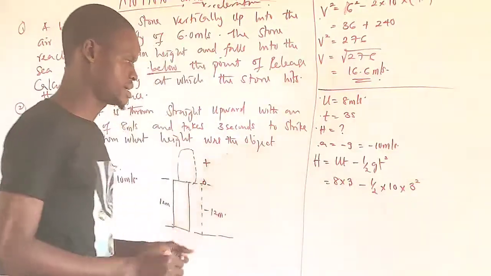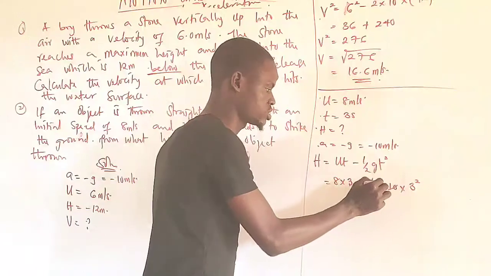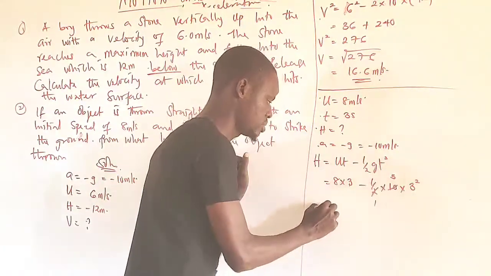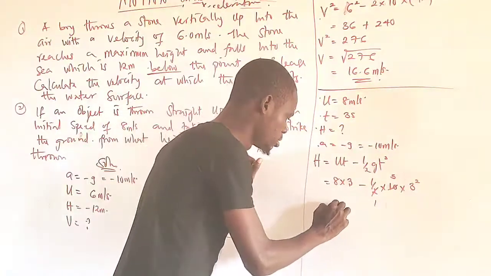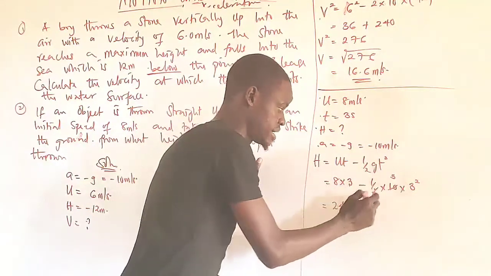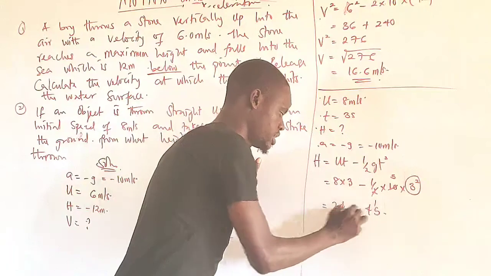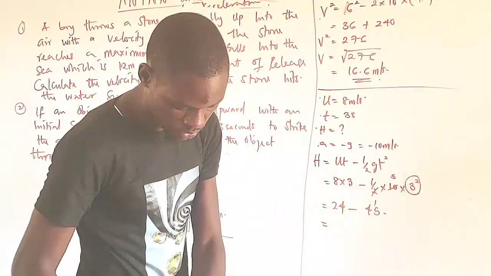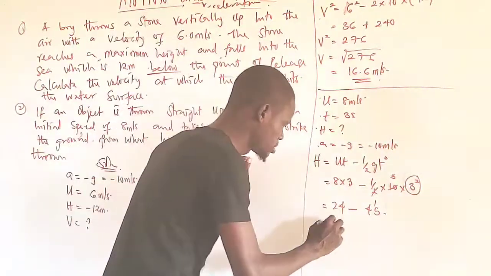We can cancel this to give rise to 5 times 9. 8 times 3 is 24, minus 5 times 9, which is 45. Now 24 minus 45 gives minus 21.